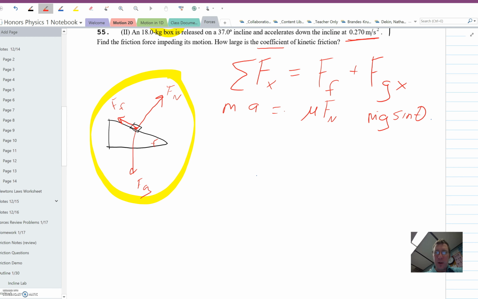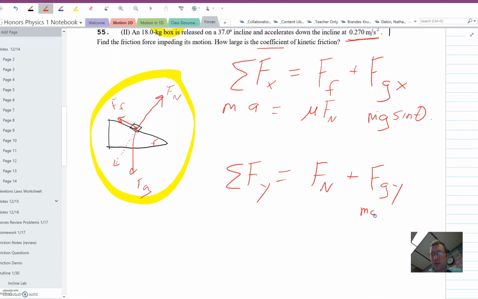So in the vertical now, we have the sum of our forces in the y, and it's going to be the normal force. And remember, we're tipping our coordinate systems when we're dealing with these inclined plane systems. So what normal is balancing is force of gravity in the y.